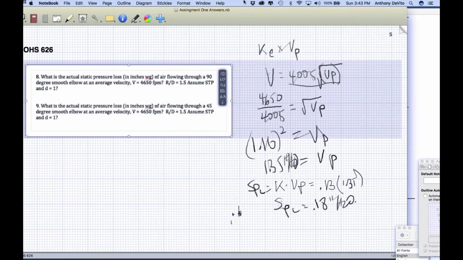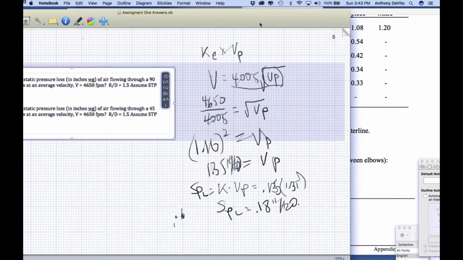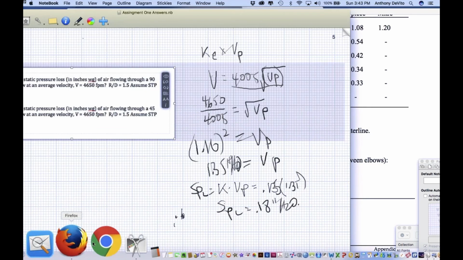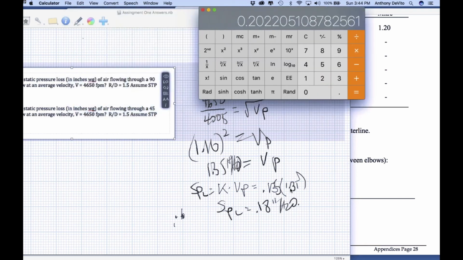And I'll go back here. Instead of times 0.13, it's going to be times 0.15. So let me see if I can recover from this. I'm going to divide by 0.13, which gets me back here, times 0.15. That should give me about 0.2 of an inch of water.